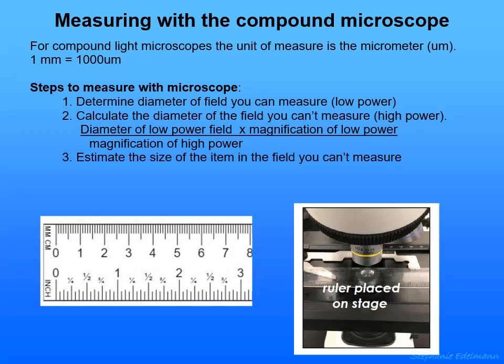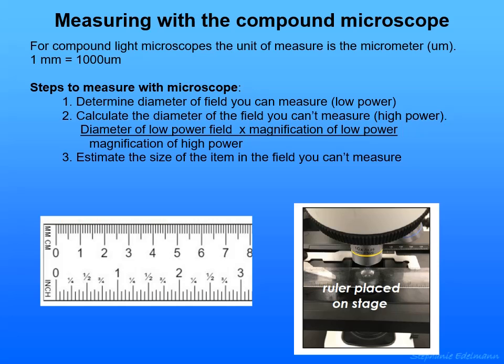Each of the little divisions between the centimeters, there's 10 of them. Each of those little divisions is a millimeter. And so a micrometer is the 1,000th part of a millimeter. So that's tiny, right? That is not something you can see.